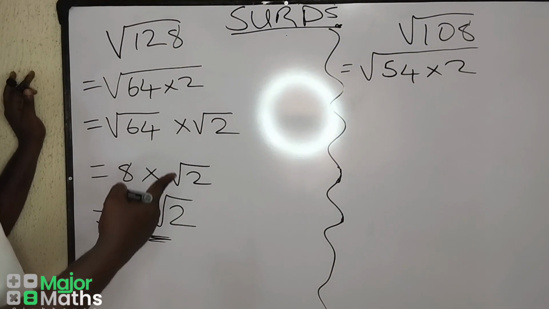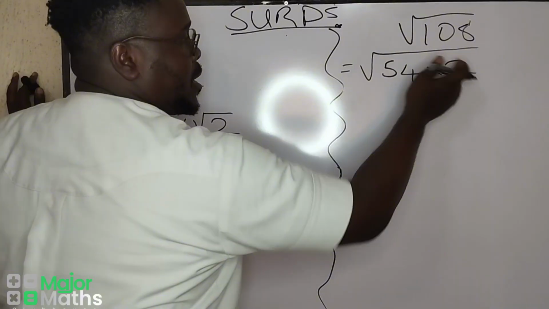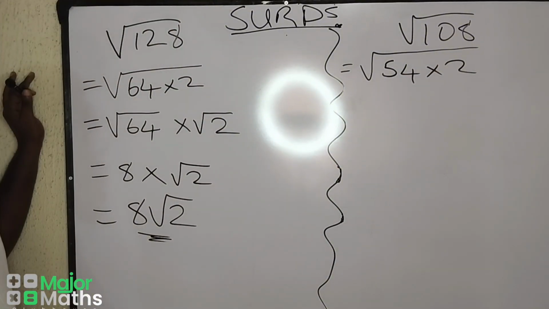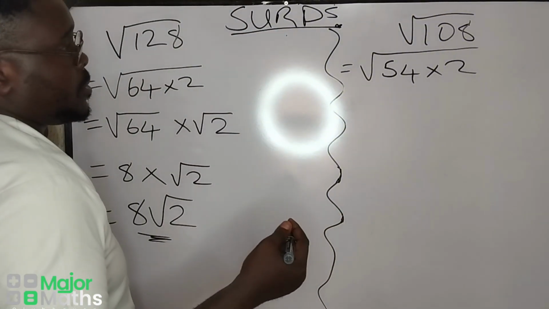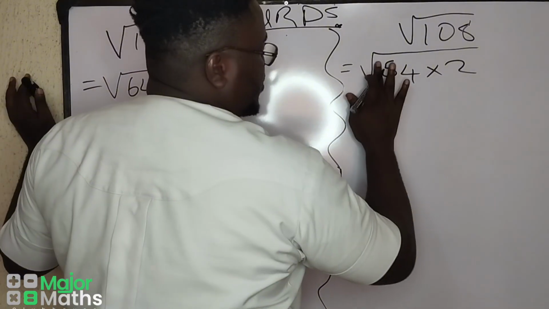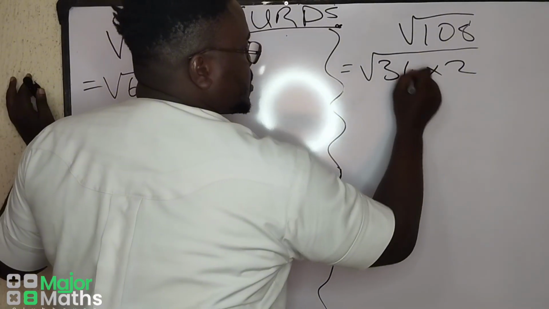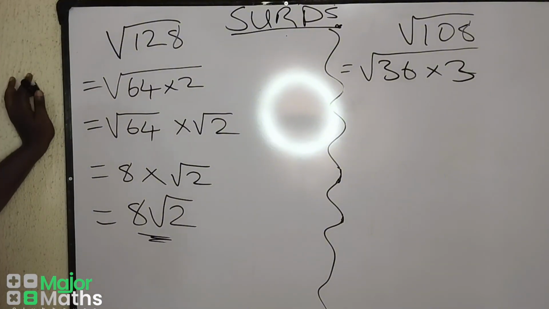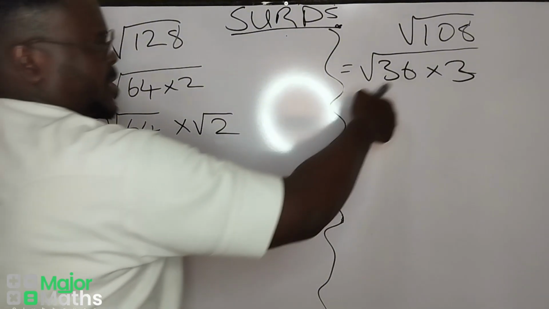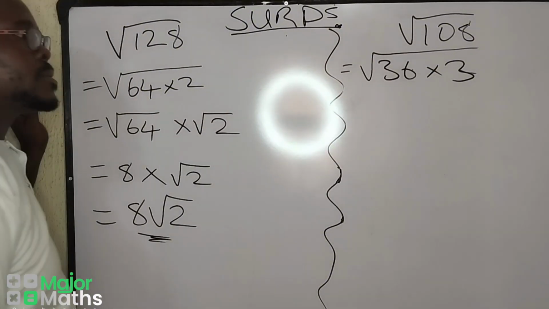But what are you saying then? There's no perfect square here. 54 is not a perfect square, and 2 is not a perfect square. So you can also break it further by saying, okay, why don't I change this to 36 times 3? Yeah, 36 times 3 should give you this number.